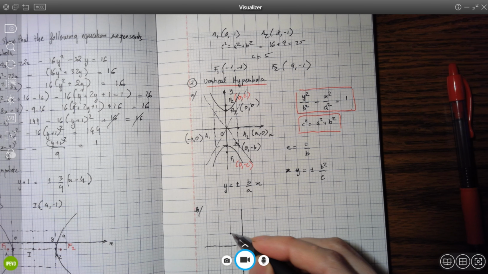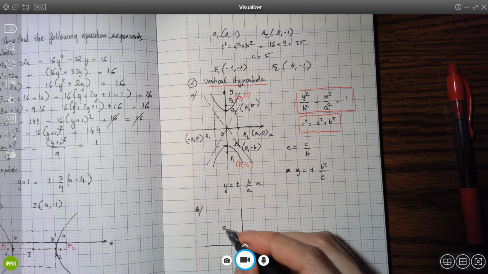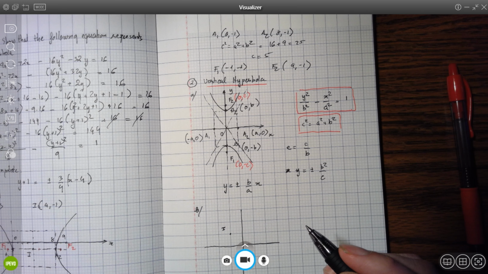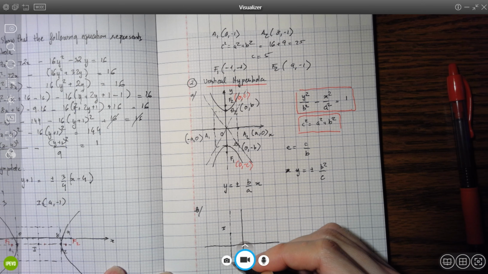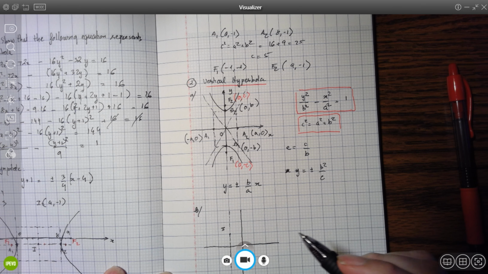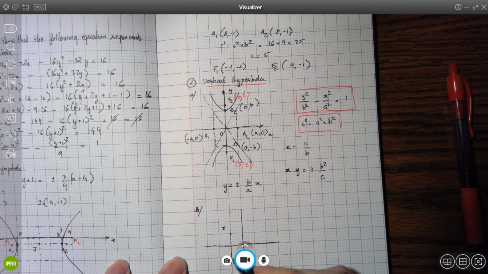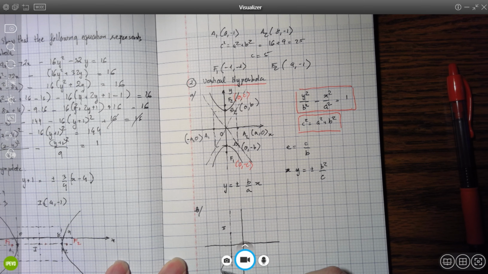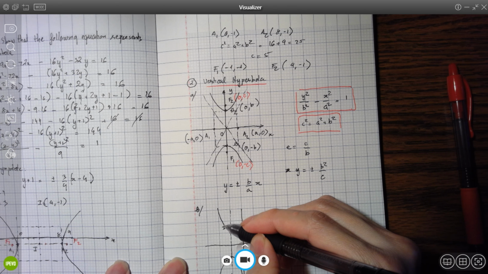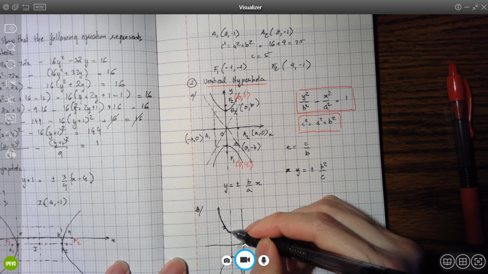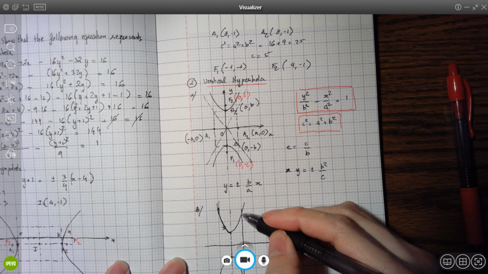The major axis is this. And what if I have something like this, and over here I have something like this?